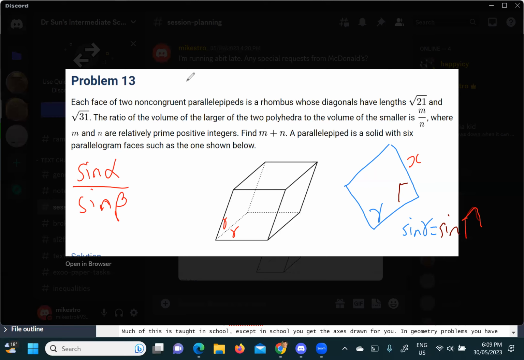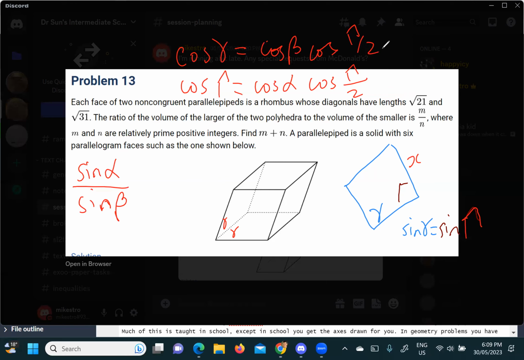So cos gamma equals cos alpha cos gamma on 2, and cos gamma equals cos beta cos gamma on 2. Does that make sense? Once we have those conditions, the rest is just calculation.